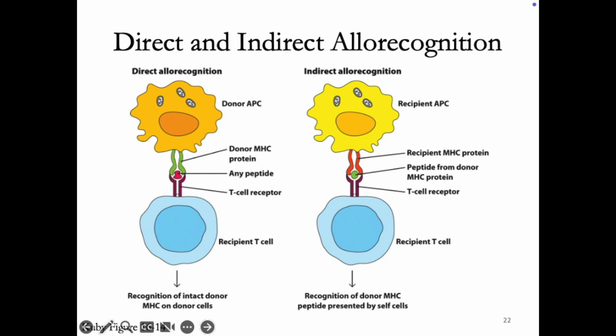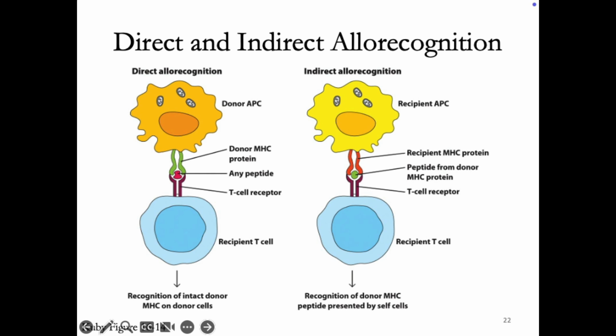What kind of biomolecule is MHC? Yes, David. A protein. So if you think about it, if I transplant a kidney into you, and that kidney has MHC on its surface, and that's an MHC that's different than your MHC, that's a foreign protein as far as your body is concerned, right?